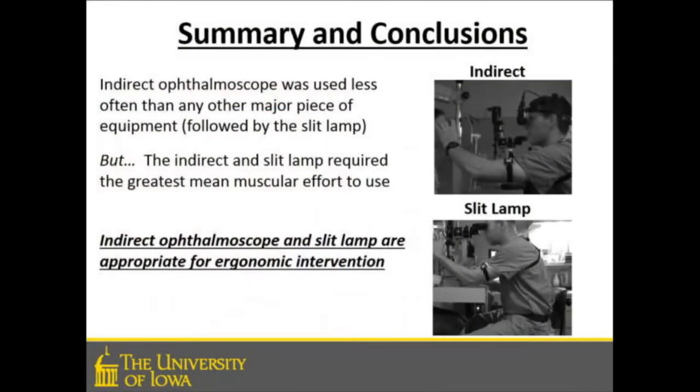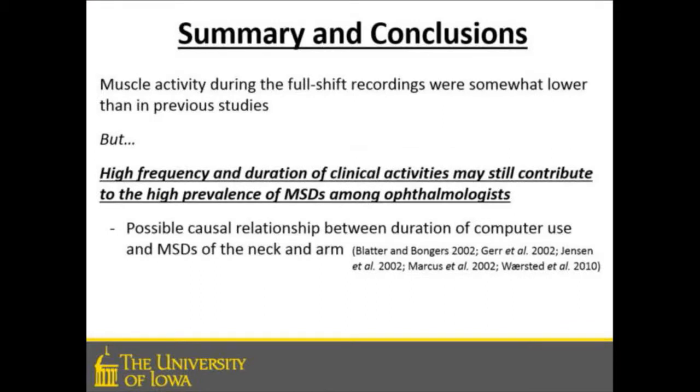Additionally, it's important to note that although the indirect ophthalmoscope and the slit lamp biomicroscope required more muscular effort than, say, documenting with a computer, that doesn't mean that documenting with a computer is without risk. The high frequency and duration of these clinical activities can still lead to the development of musculoskeletal disorders.